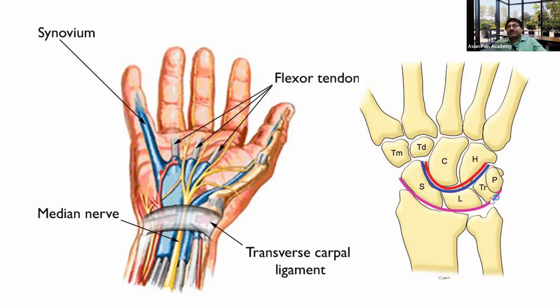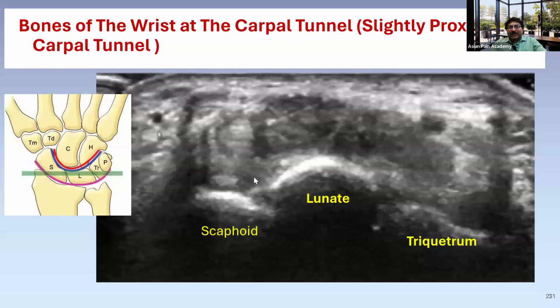Usually at the proximal portion, we see three bones. That means this is the scaphoid, then we have the lunate, and then we have the triquetrum. This lunate is a very large bone and it is projecting towards the superficial side. So as we look at the proximal carpal tunnel, the bony contour will be like this.